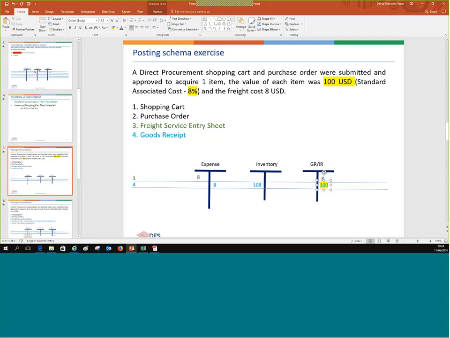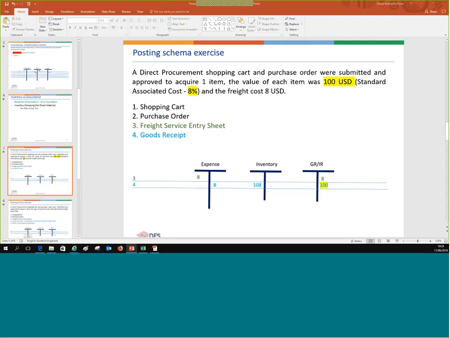So at the end of this process, we will have an inventory value of $108, and we have paid 100 to the provider of the item and $8 for the service. Okay, is this clear? Did you understand more or less?